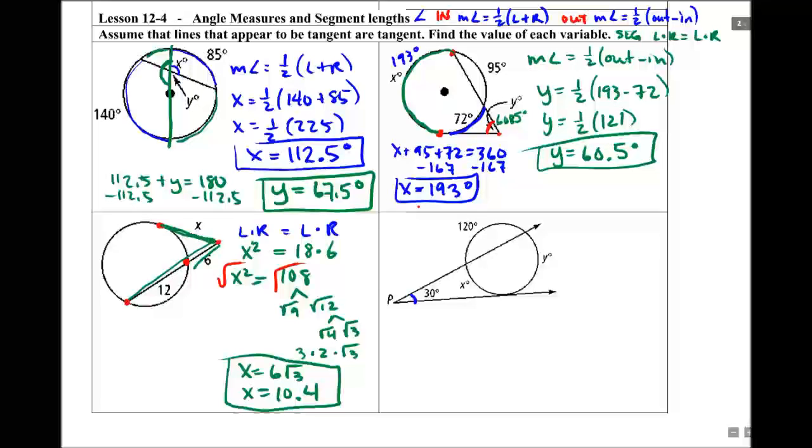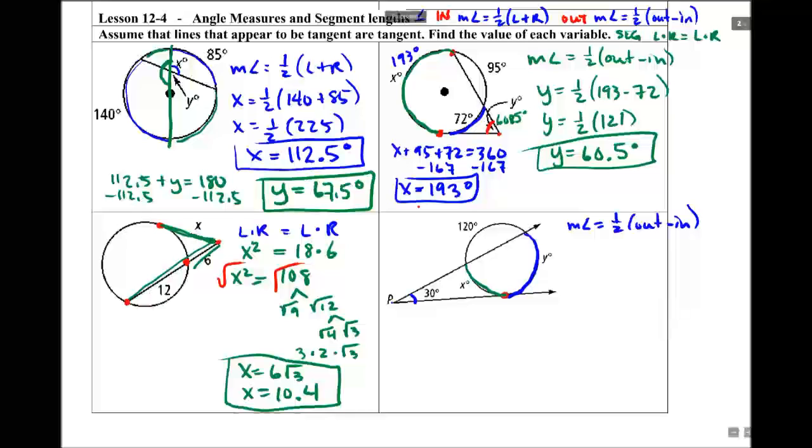We have our angle. We are looking for arc measures. So we are doing our angle stuff. We know the measure of our angle, our point is outside, is 1/2 out minus in. So we have an outside arc here, tangent line, and an inside arc. Okay, well, how are we going to do this? We know the inside arc is x.